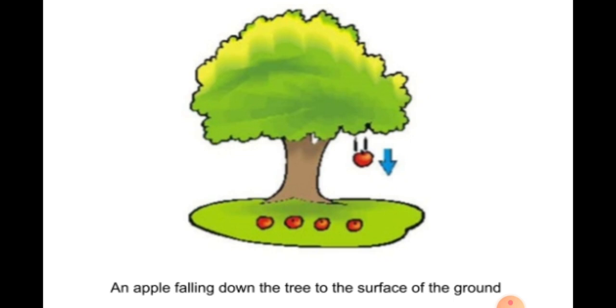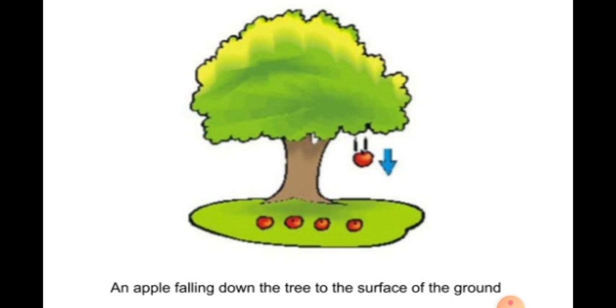The water begins to flow down towards the ground due to the force of gravity. The water in the river also flows downward. This is also because of the force of gravity. So when a coin slips from our hand, where will it go? It will also fall to the ground. Why? Because the force of gravity is acting on it.